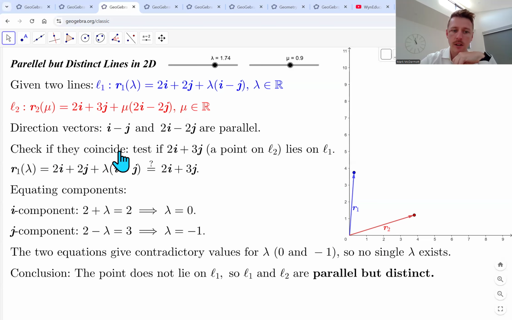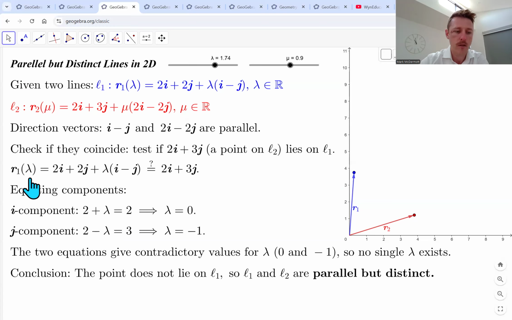Okay, now we need to check if they coincide. So we're going to test if 2i plus 3j, which is a point on L2, lies on L1. So we're going to set the vector equation R1 equal to 2i plus 3j, and then work out if there is a lambda such that the i components and the j components are equivalent.